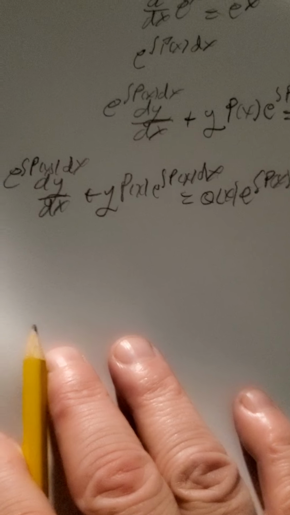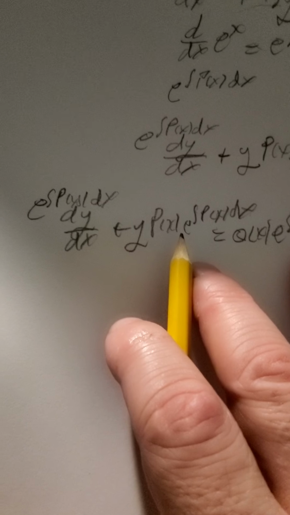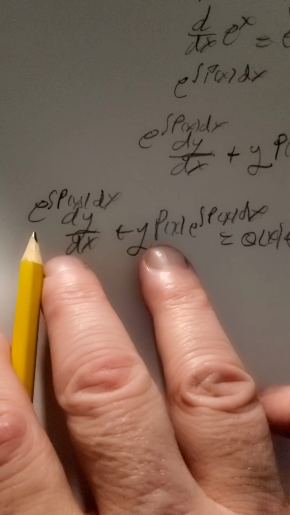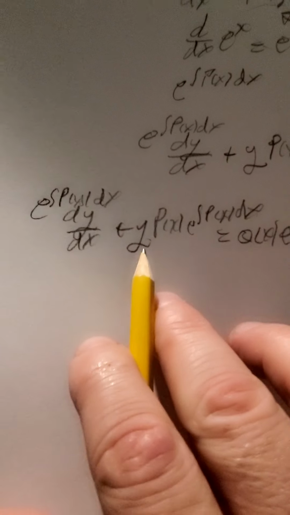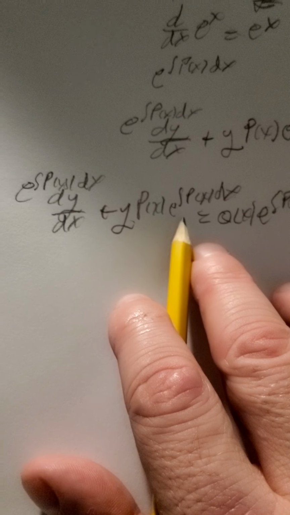Okay, now this kind of looks like the product rule right here. Actually, it is the product rule. First times the derivative of the second, which is y, plus the second, y, times the derivative of the first.